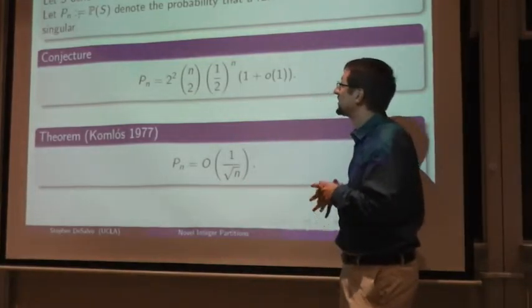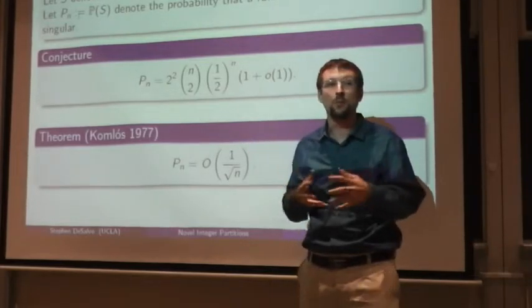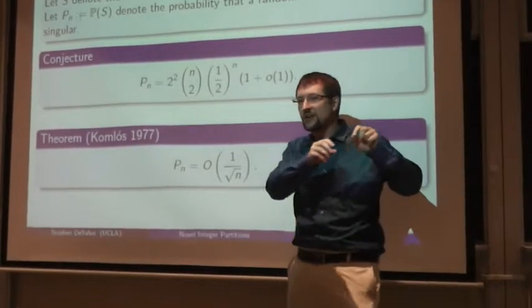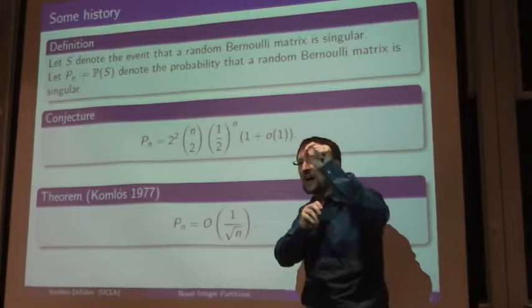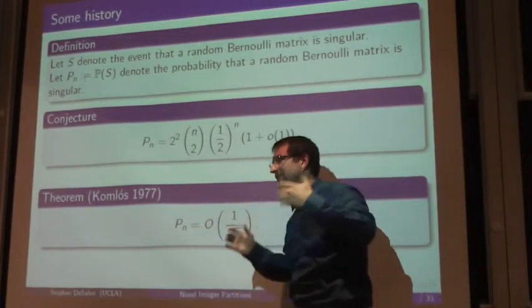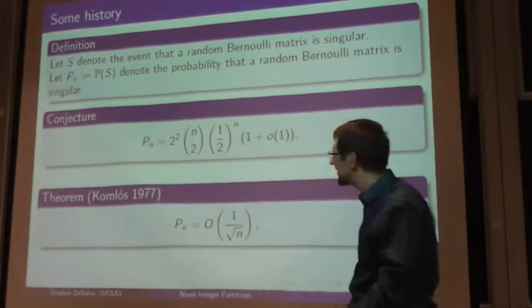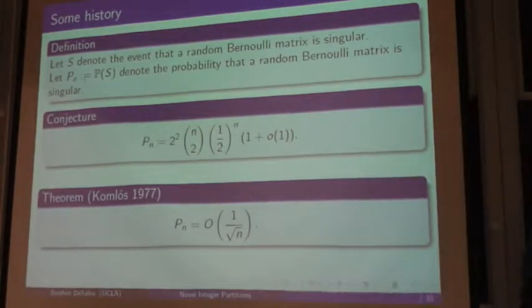It was even conjectured at one point that maybe the probability didn't go to 0. There is some computational evidence: when you look at n equals 2, 3, 4, 5, 6, it goes up at first before it crashes down. So maybe 50 years ago, when they could only look at n equals 6, that was the indication. Komlós was the first to show that it tended to 0.